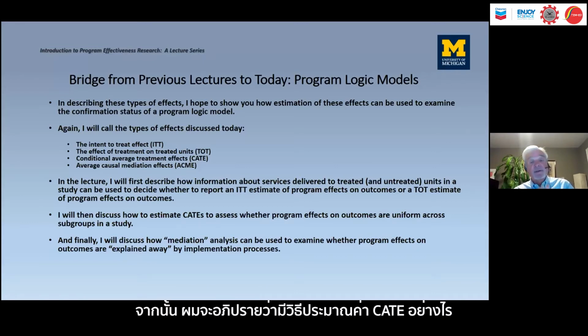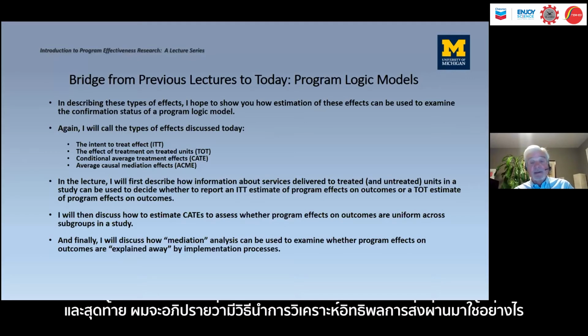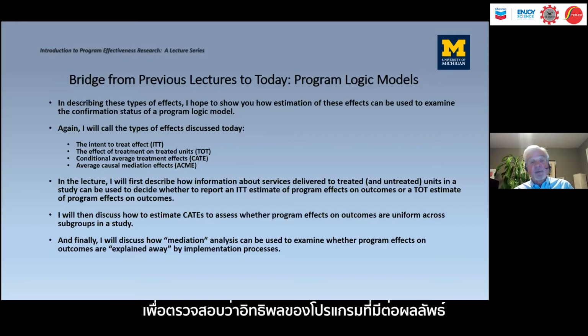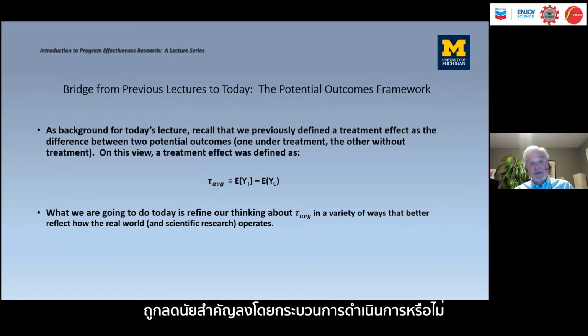I'll then discuss how to estimate CATEs to assess whether program effects on outcomes are uniform across subgroups in a study. And finally, I'll discuss how mediation analysis can be used to examine whether program effects on outcomes are explained away by implementation processes.